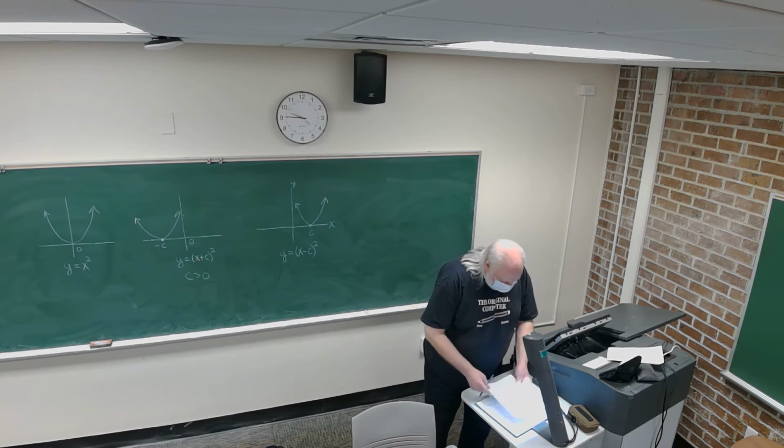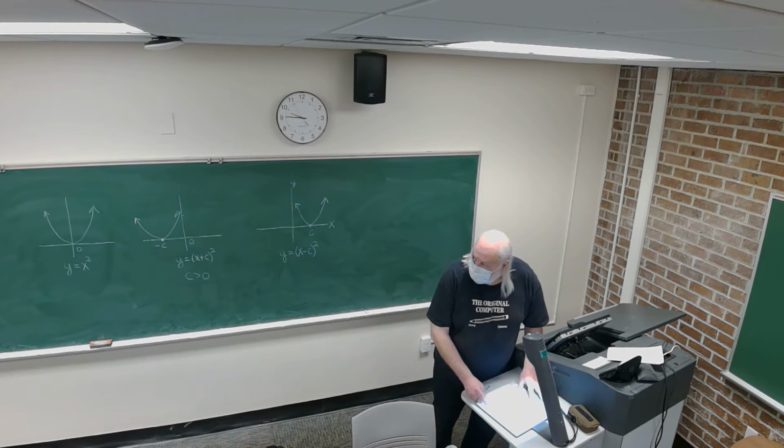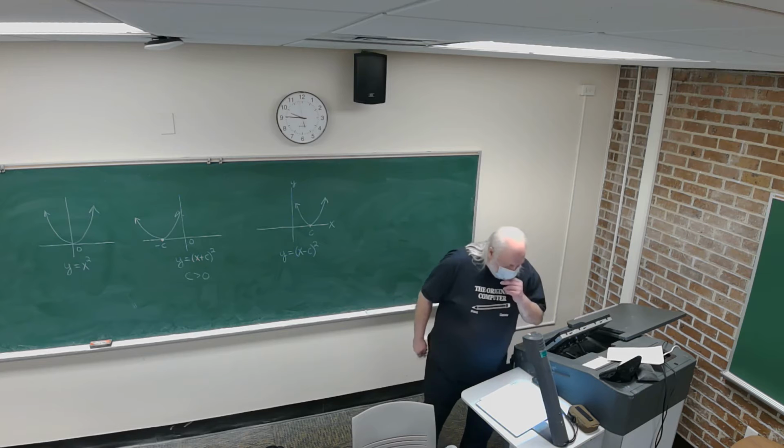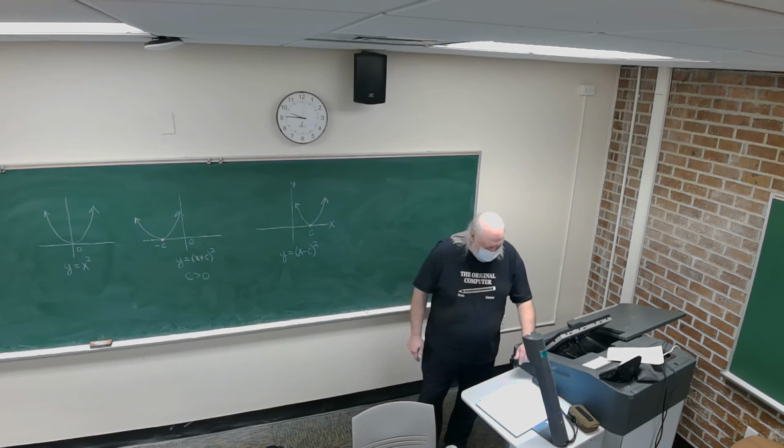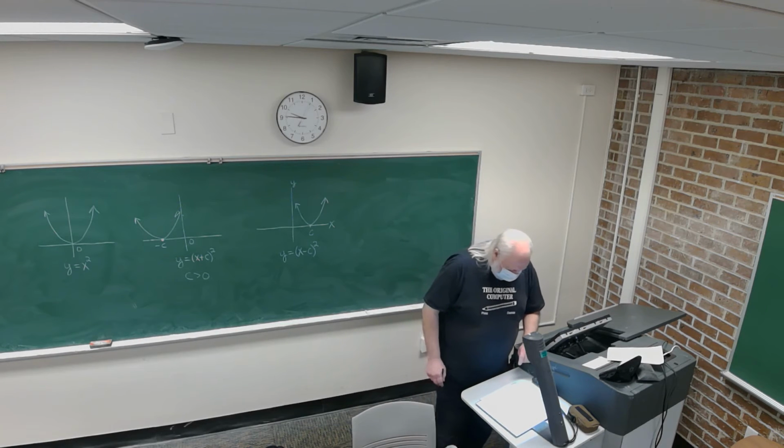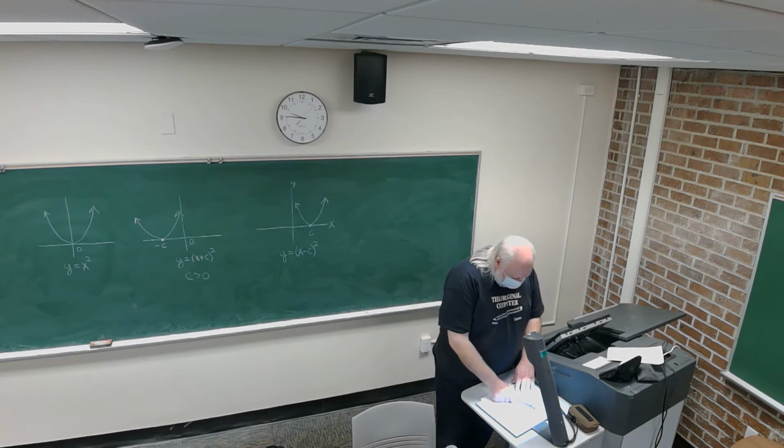All right. So now we've done horizontal and vertical shifts. Let's talk about vertical stretches and vertical compressions. For any positive real number c, the shape of the graph y equals c times f of x.